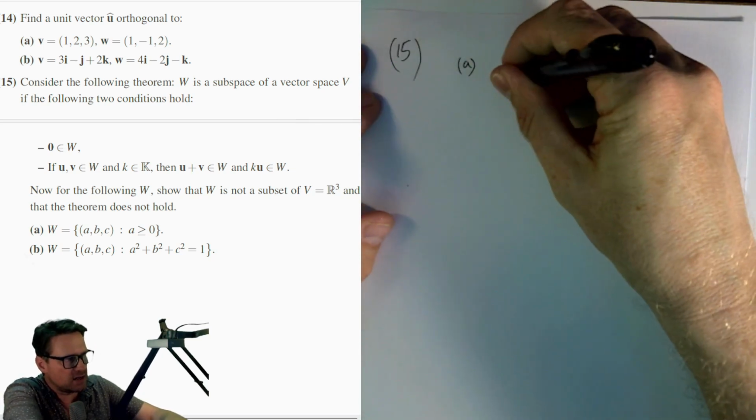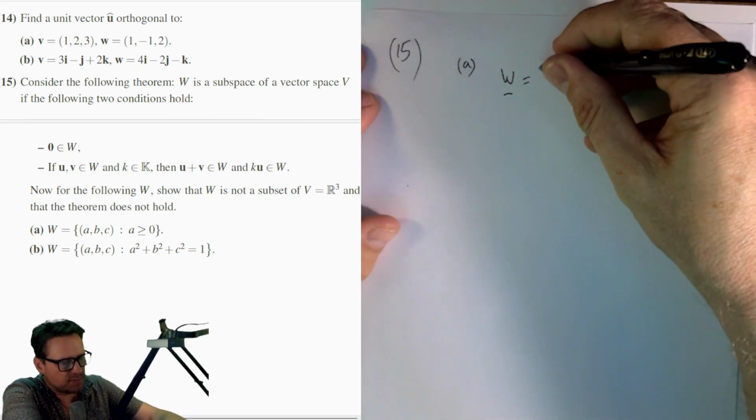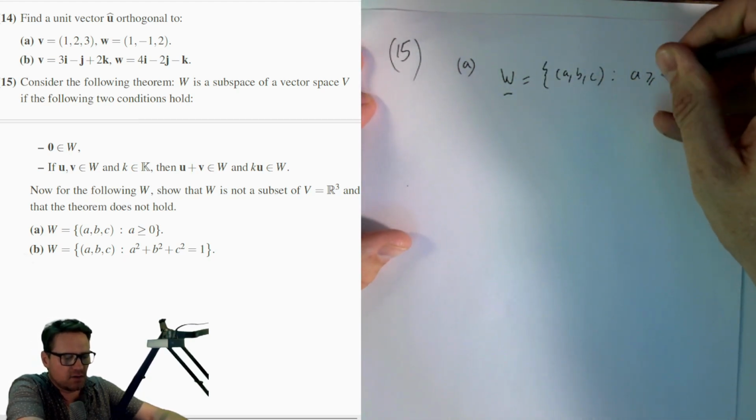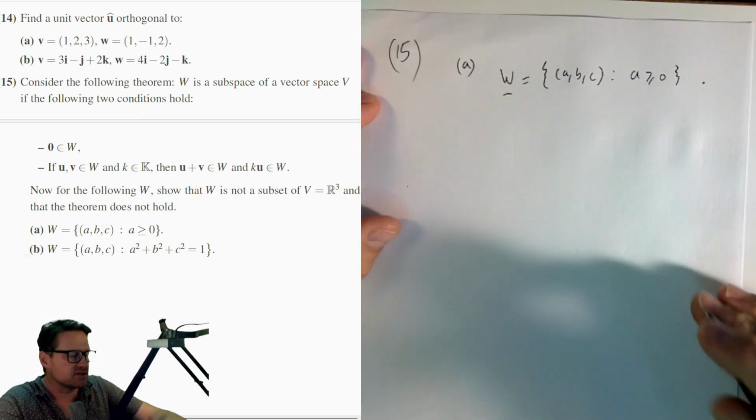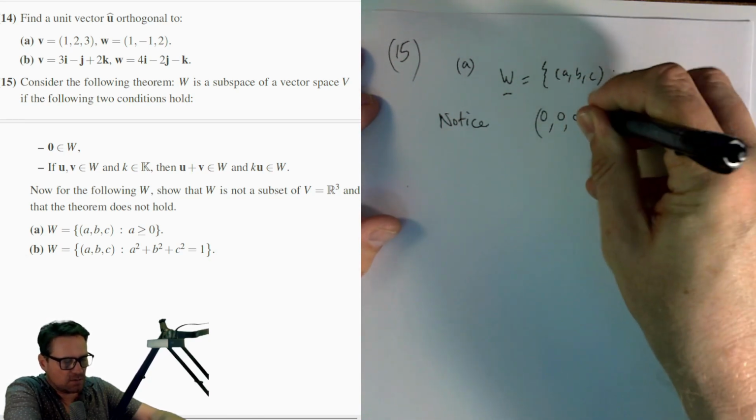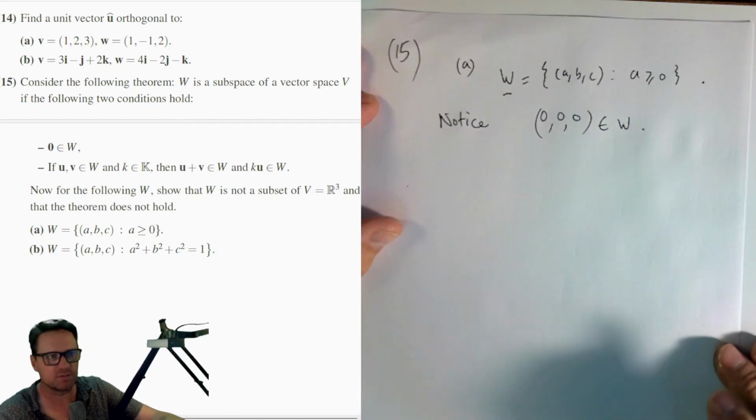So part A, W is the set of all triples ABC such that A is greater or equal to 0. Okay, so first notice that the zero vector (0, 0, 0) is an element of W for this one.